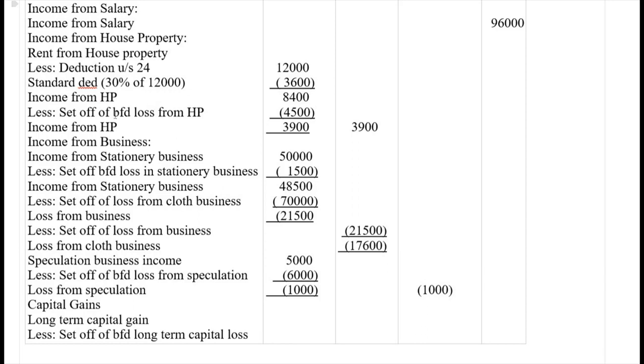So we have got long-term capital gain of rupees 19,500.